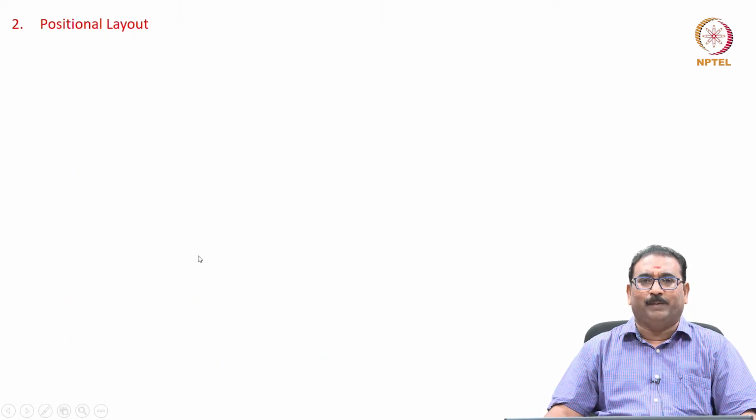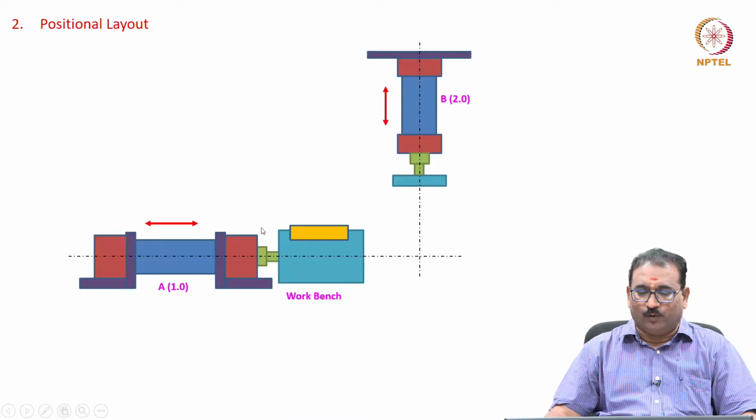The same thing you have to represent in the positional layout diagram also. Just as I have shown here, I have taken 2 cylinders for representation: cylinder A 1.0, cylinder B 2.0. What is the duty of A? Cylinder A brings the workbench which has a workpiece under cylinder B, meaning it should extend to bring it here.